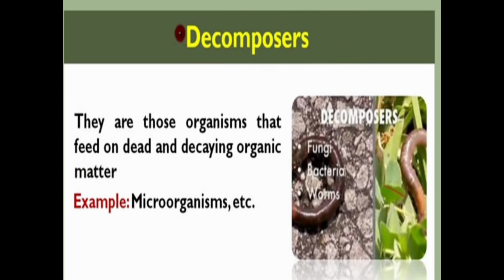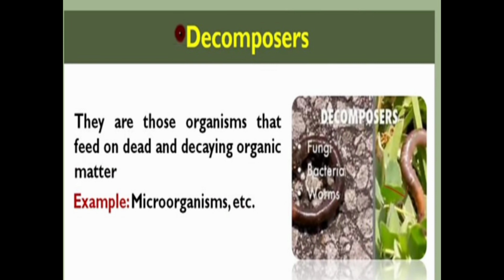Then decomposers. Decomposers are those organisms that feed on dead and decaying organic matter. Decomposers means they feed on organisms which are already dead, or are going to die, or are in the stage of dying.